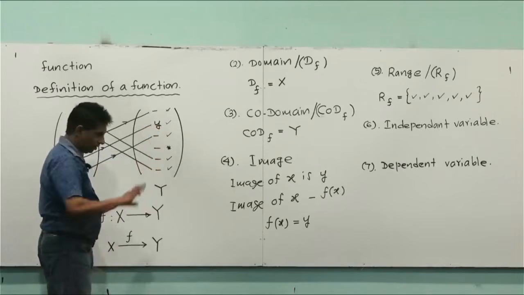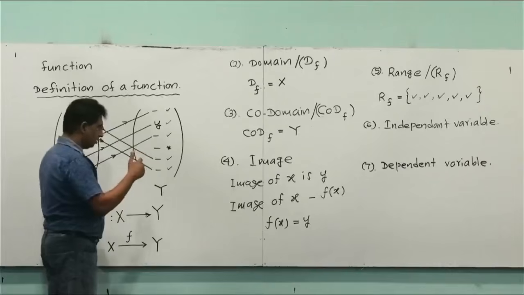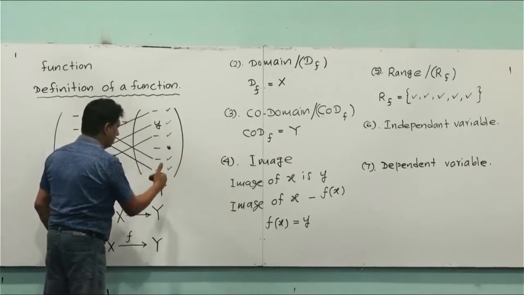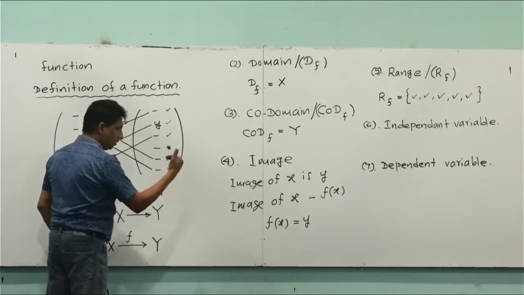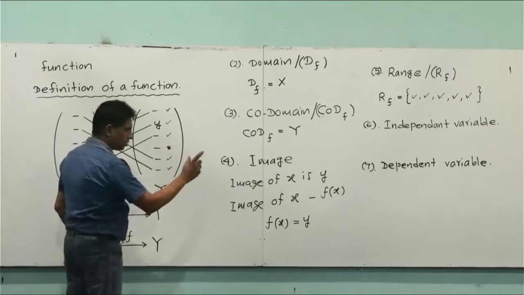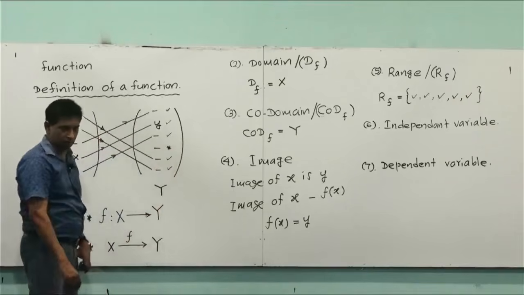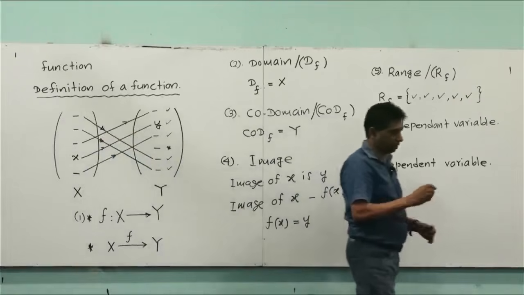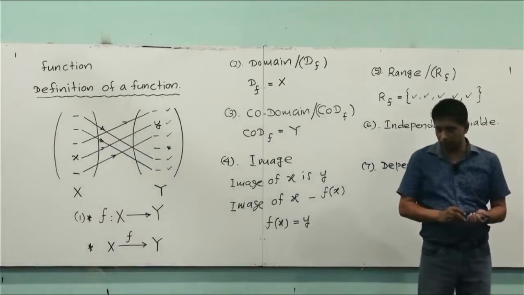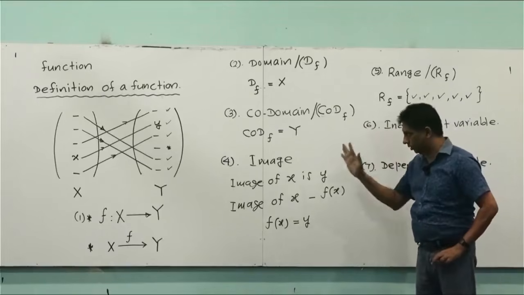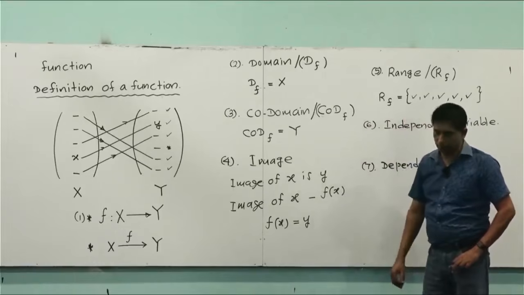It is changing, but it can't take any value. It can take as its value only images. Then it is called a dependent variable. That is what we have to know under the definition of function. If this is clear, then that is okay.